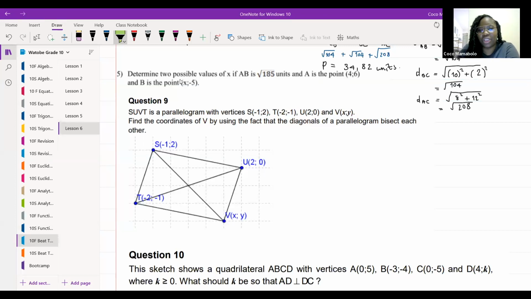Diagonals bisect, good. Anotita, opposite sides are equal, good. So we know that SU is equal to TV. We also know because they are equal, we know that ST is equal to UV. We also know that where they bisect right here in the middle, we know that this point right here will be our what?